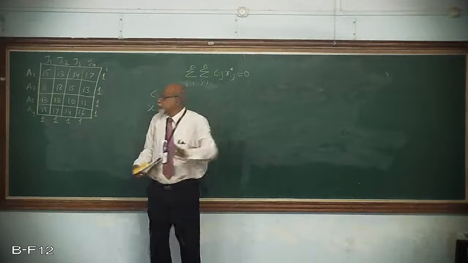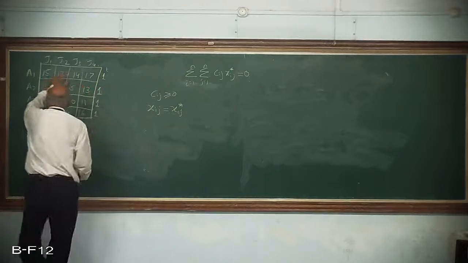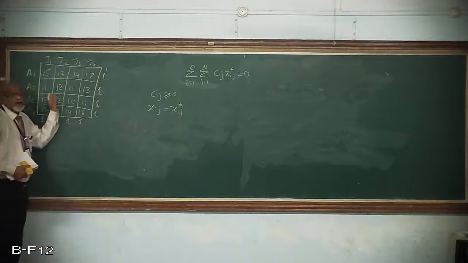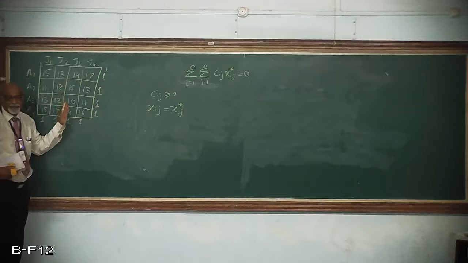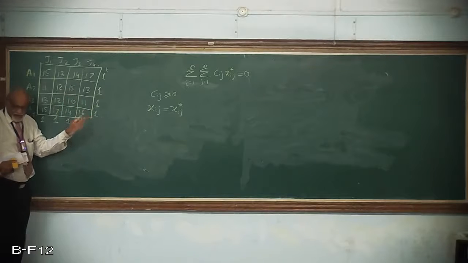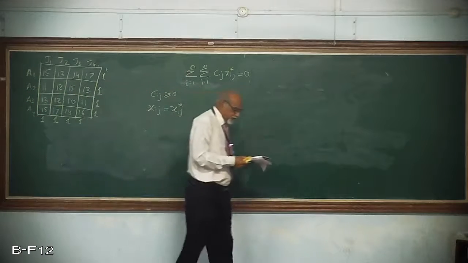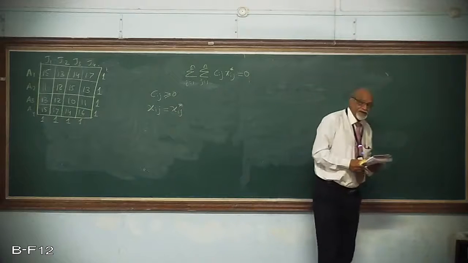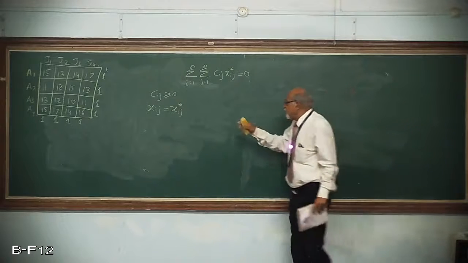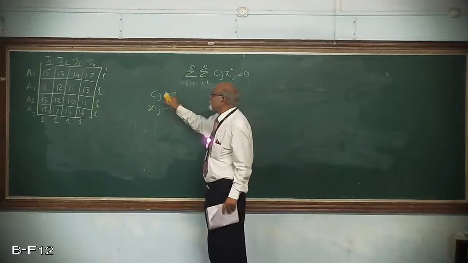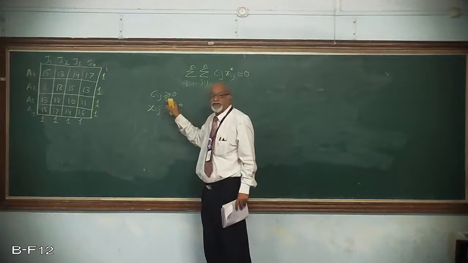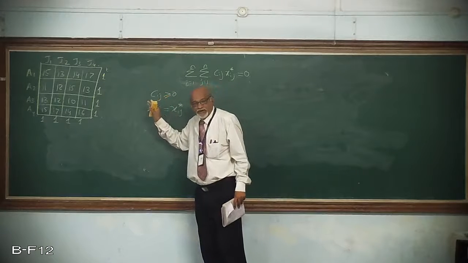I am going to create the maximum number of zeros over here. So that itself is an assignment. That is what it means. The second theorem plays an important role: if I am able to find such a solution, then it is the optimal solution.